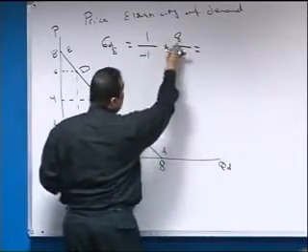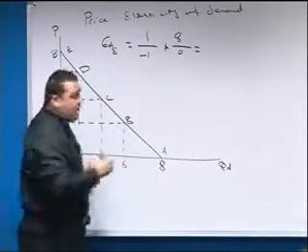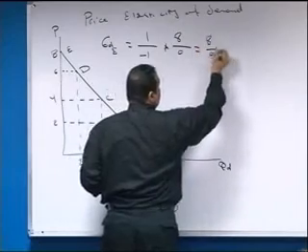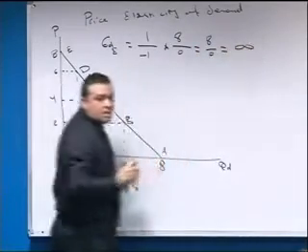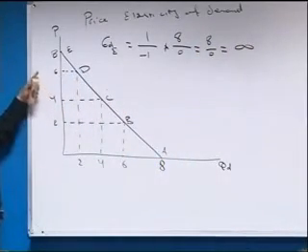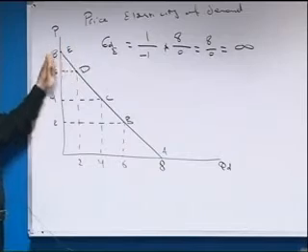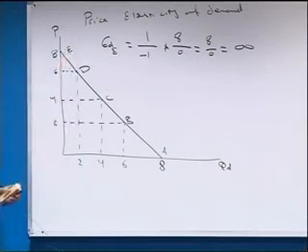So it equals 8 over 0, which is infinity. So the price elasticity of demand at point E equals infinity.